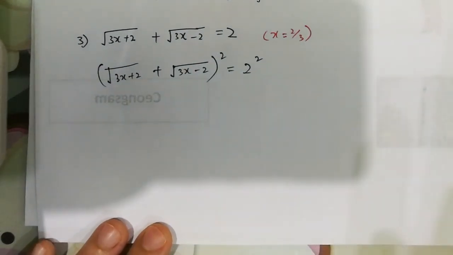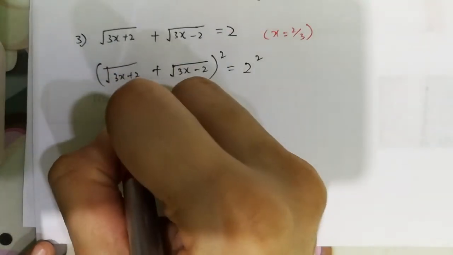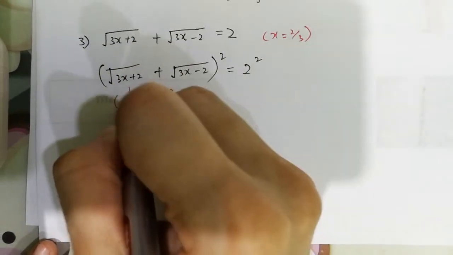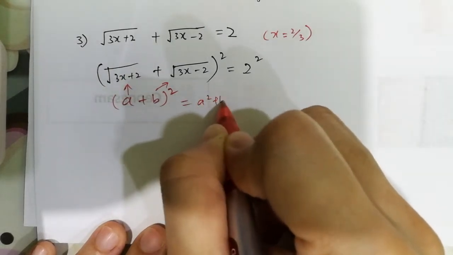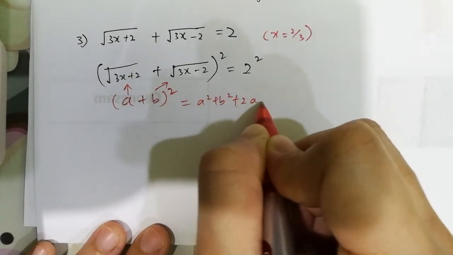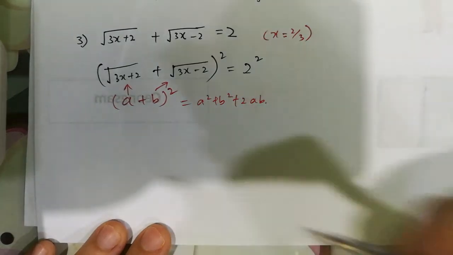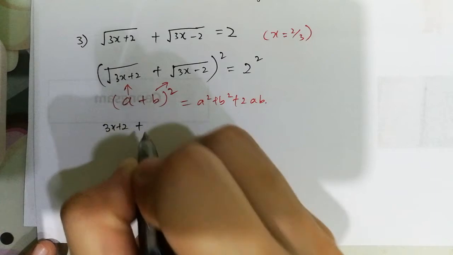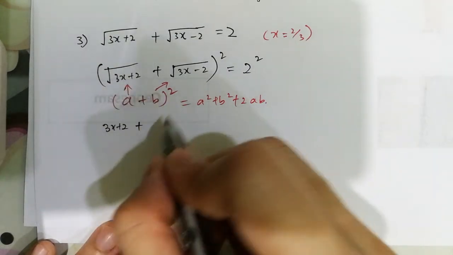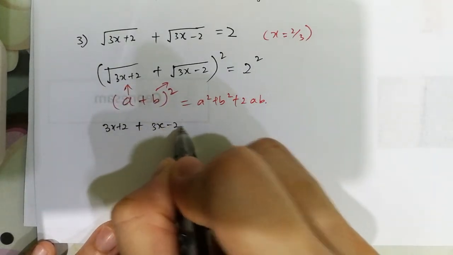After you square, remember this: a plus b squared. This is a, this is b. So what you get is a squared plus b squared plus 2ab. So you will get 3x plus 2, b squared, 3x minus 2.